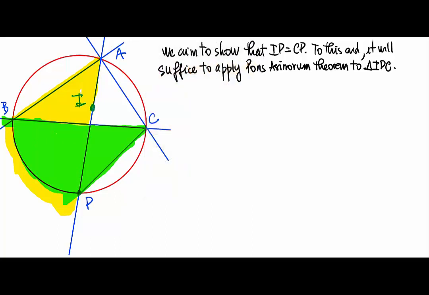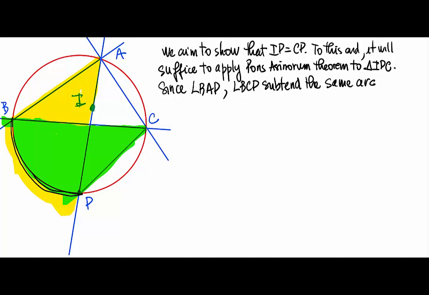So you can guess what I'm about to say. Since angle BAP and angle BCP subtend the same arc, for us here this arc BP, they must be equal to each other in measure.